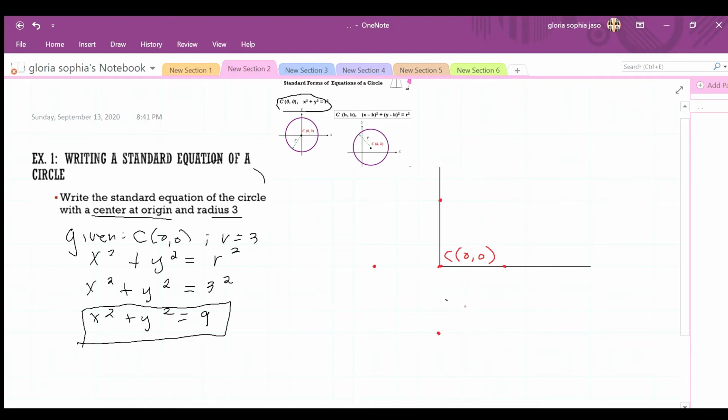After nating mag-graph yung mga points na lalay dun sa circle natin, yun yung magiging guide natin para matrace natin siya. So, smooth curve nyo lang siya. Ayan, yan yung graph ng circle natin sa example number 1.